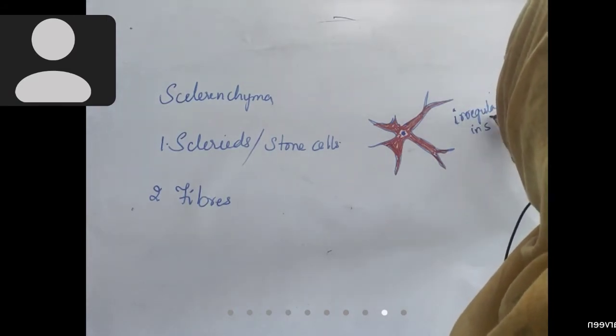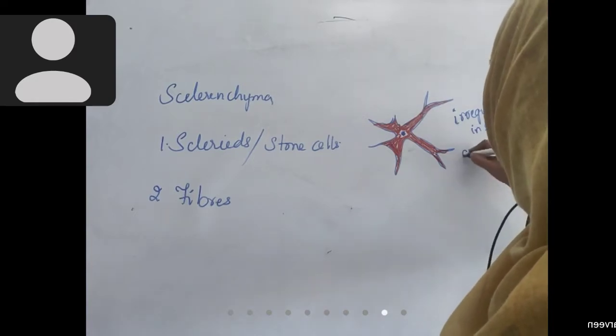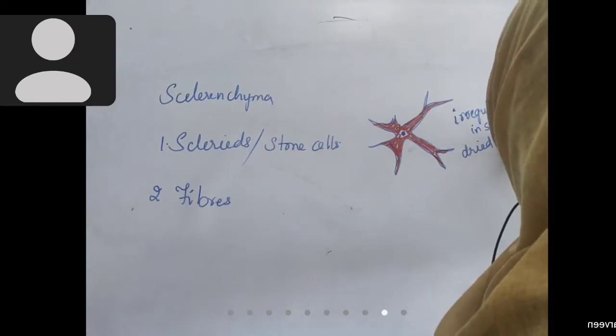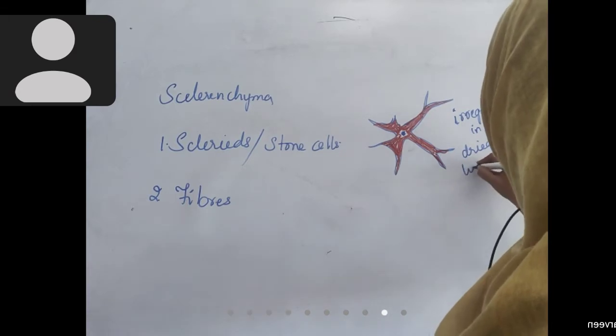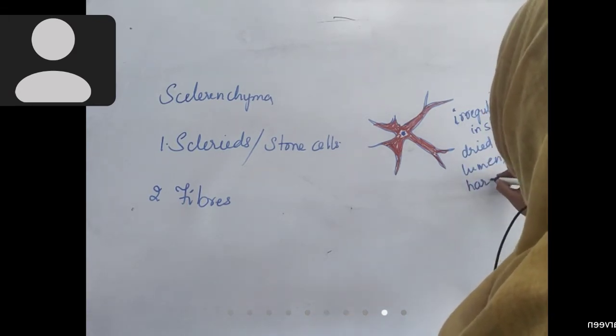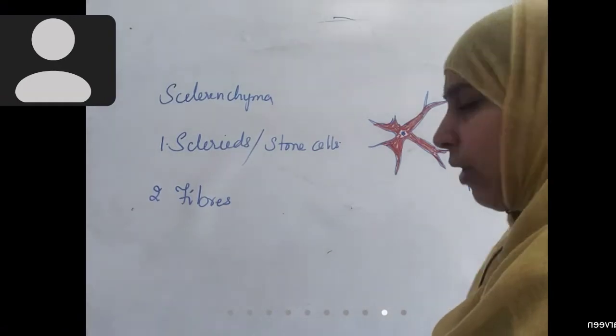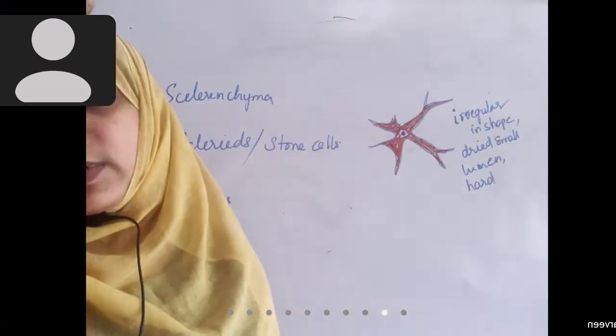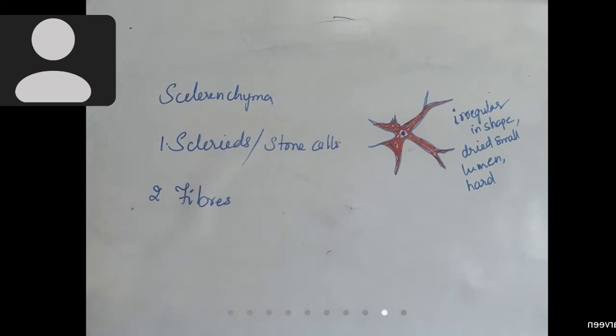Irregular in shape, dried, small lumen, hard. It provides mechanical support. Already we have discussed sclerenchyma provides mechanical support.